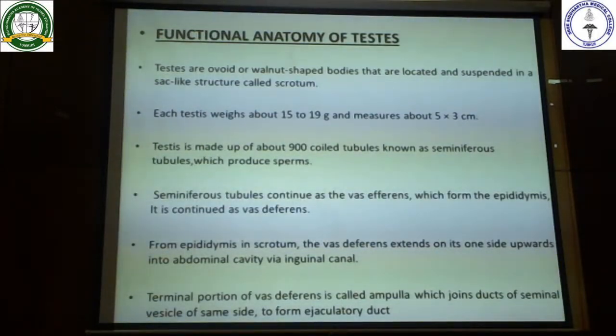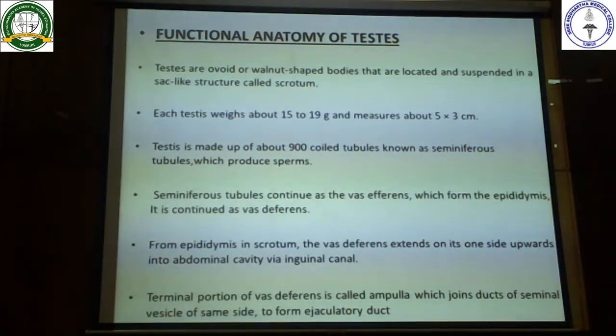So what is happening? You have the seminiferous tubules inside the testis, and from the seminiferous tubules they converge into the mediastinum of the testis, where the portion is called the rete testis, where the convergence of all the seminiferous tubules occurs.